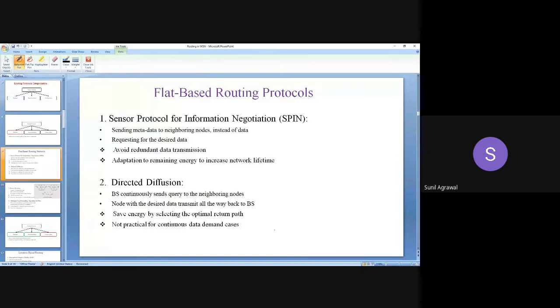So here the base station is going to direct the node, or base station is going to flag the query. What kind of information does it need? Accordingly, the particular sensor or particular group of sensors is going to transmit data to the base station.